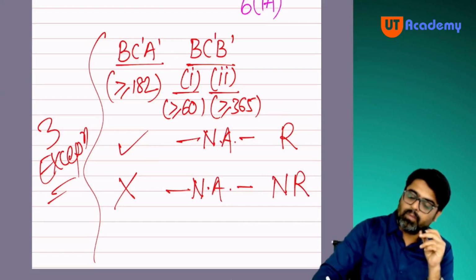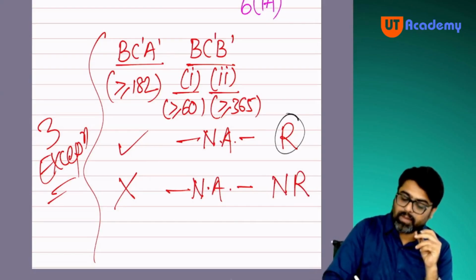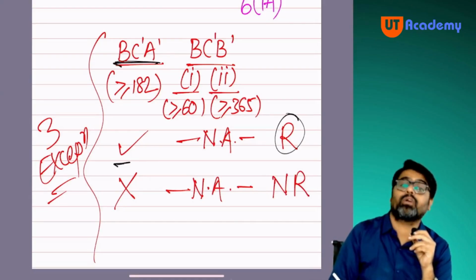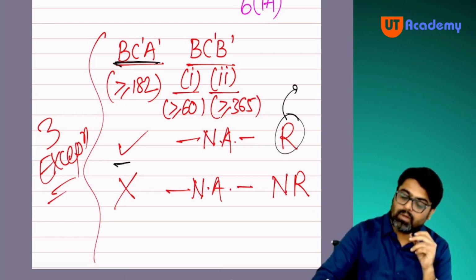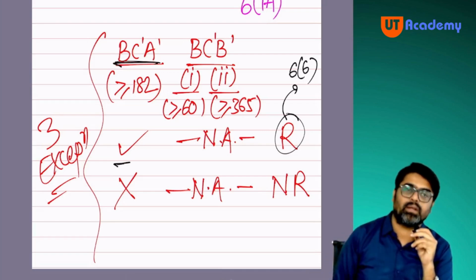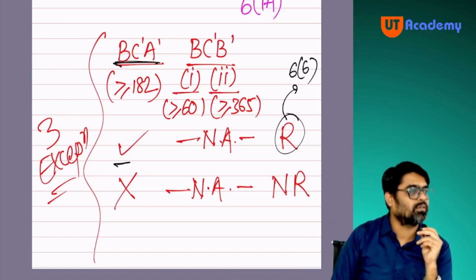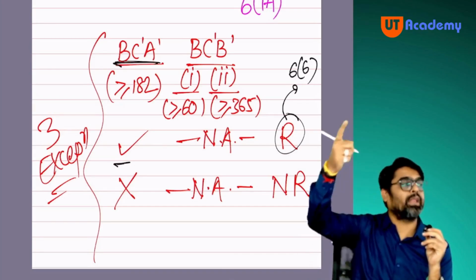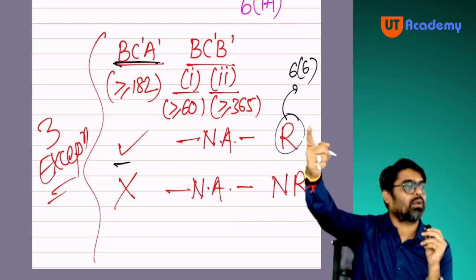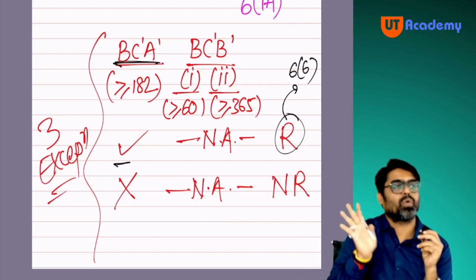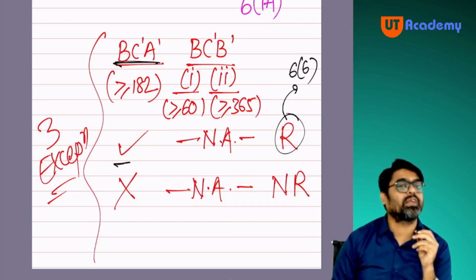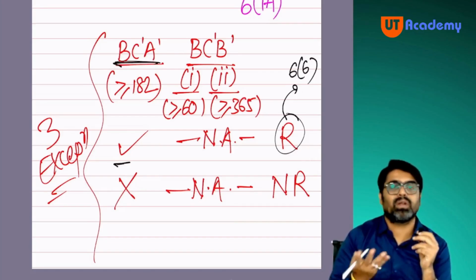Now tell me, did you become a resident by satisfying basic condition A? Yes or no? Now further, you will have to check the additional conditions of section 6 subsection 6. If you fulfill any of the additional conditions, you will become RNOR. And if you don't fulfill any of the conditions of 6.6, then you cannot become RNOR.